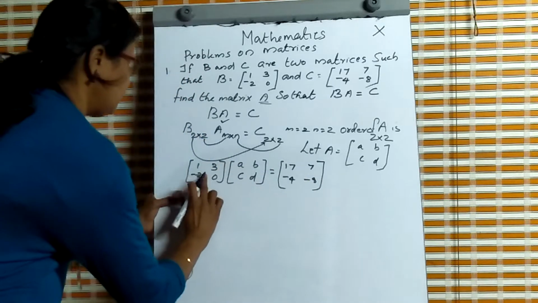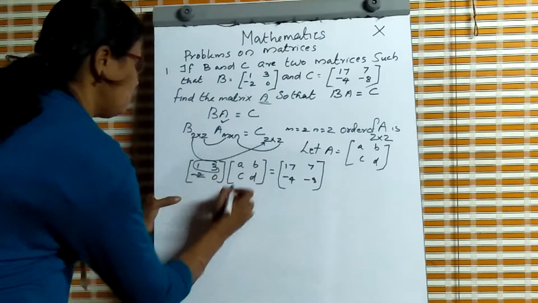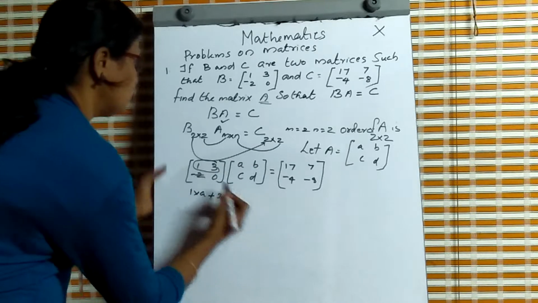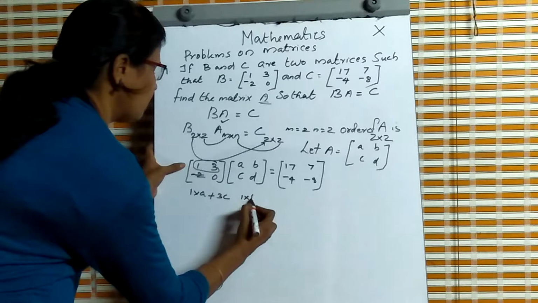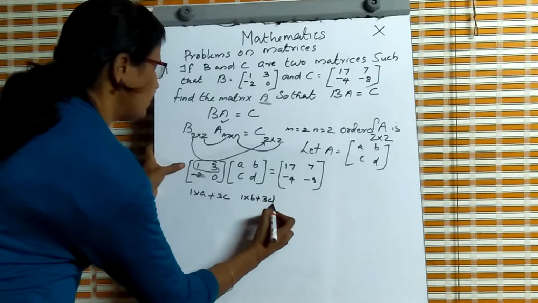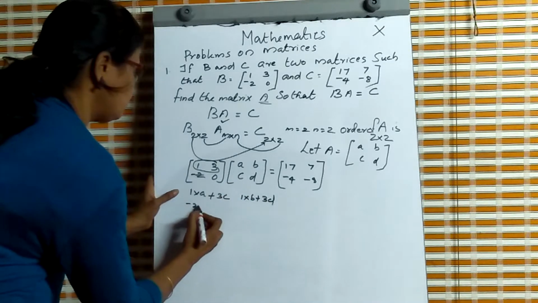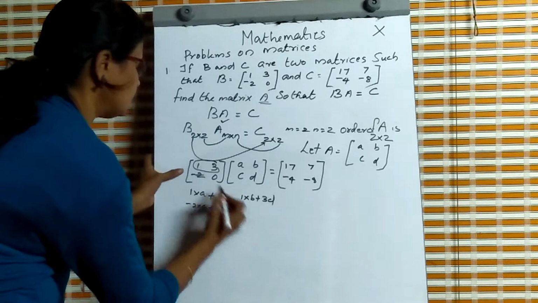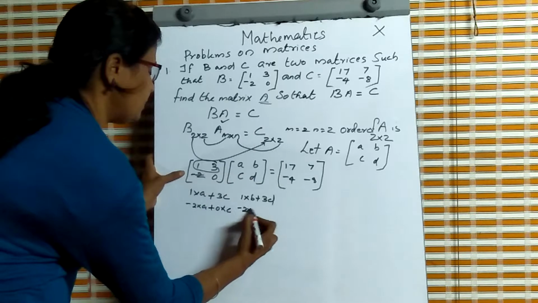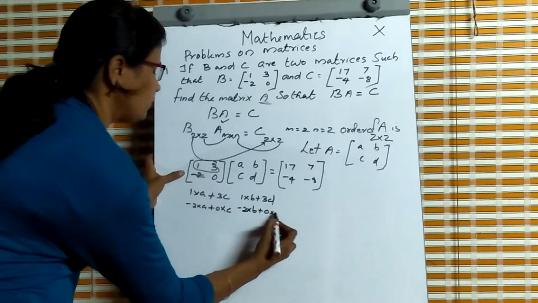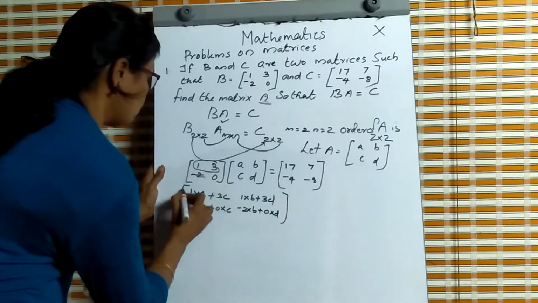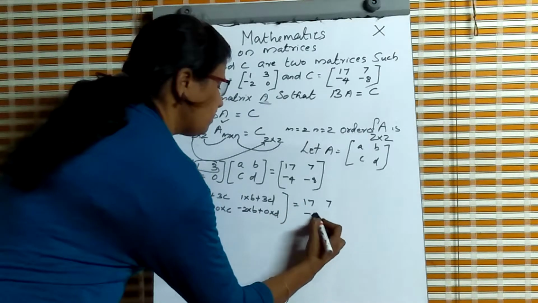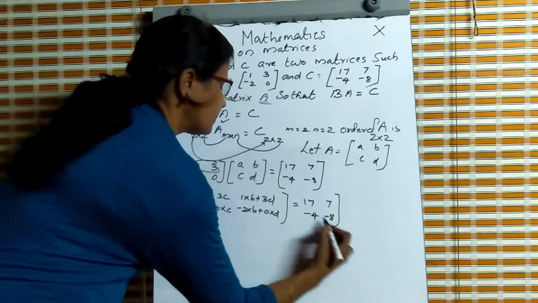Then multiply: first row into first column, 1 into a plus 3 into c. Then 1 into b plus 3 into d. Here, -2 into a plus 0 into c, then -2 into b plus 0 into d is equal to [17 7; -4 -8].